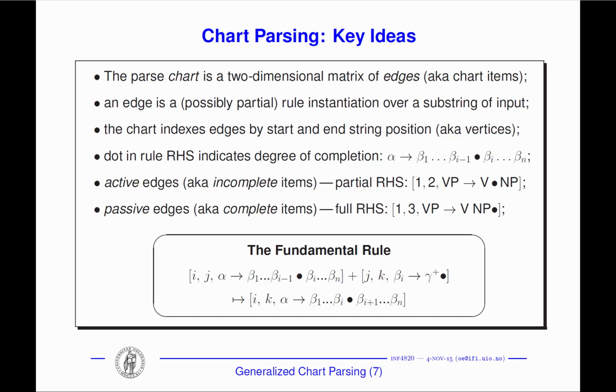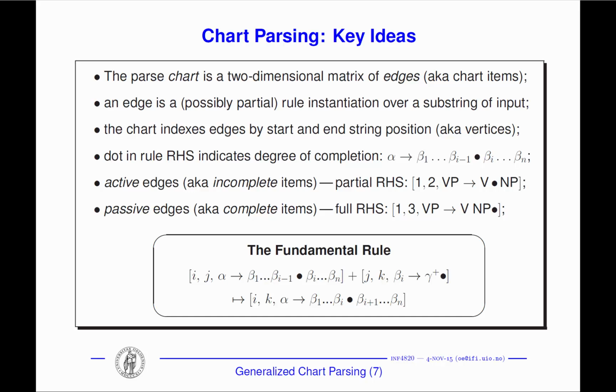They don't overlap, there's nothing in between. Furthermore, the first edge is active. It still is looking for something. And finally, the second edge is passive. It's no longer looking for something. And what the active edge is looking for as the next element on its right-hand side is the same category, beta i, that the passive edge has found or derived, has as its left-hand side.